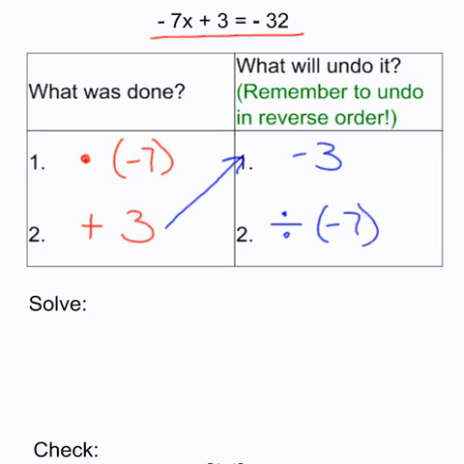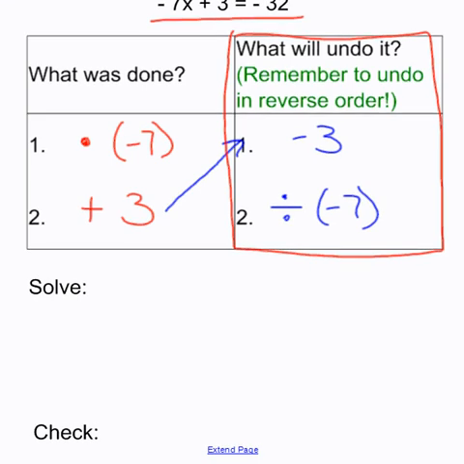And then remember that this little box just becomes your set of directions that you made for yourself about how to solve it. So don't do that box and then go reinvent it. Once you've done that box, all you're doing is following what you told yourself to do there. So I have my original equation, negative 7x plus 3 equals negative 32.